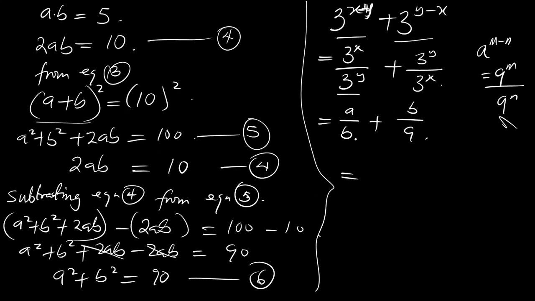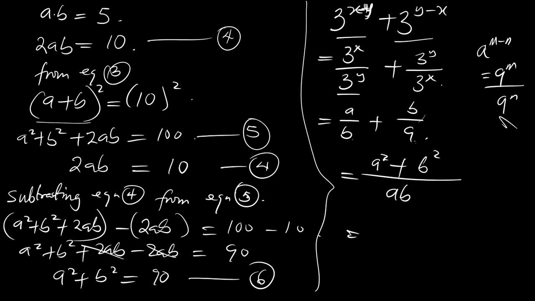Now, what is the LCM between these two denominators, b and a? The LCM is ab. Dividing ab by b gives a times a, which is a squared, plus ab divided by a gives b times b, which is b squared. So we now have this.